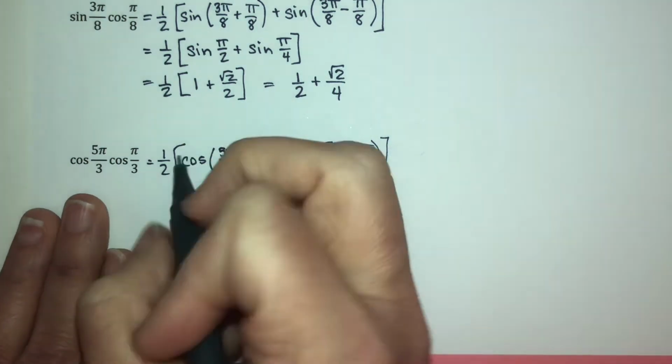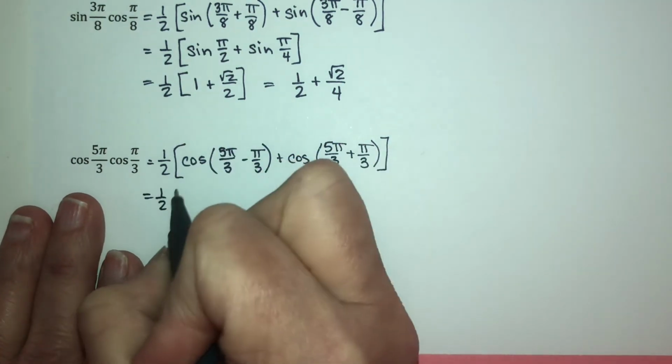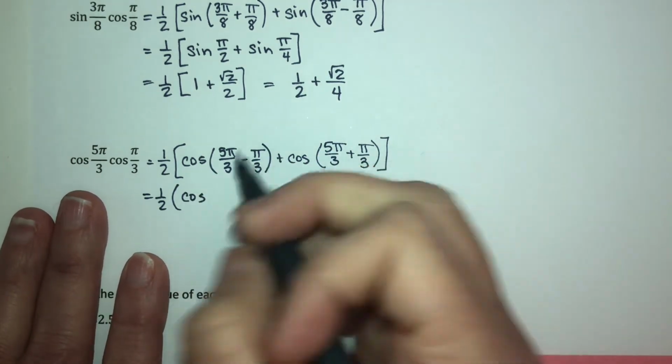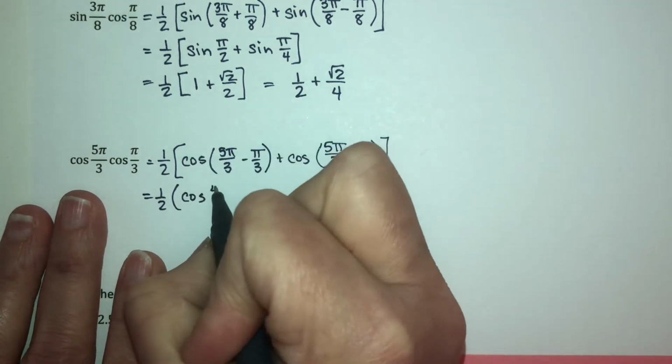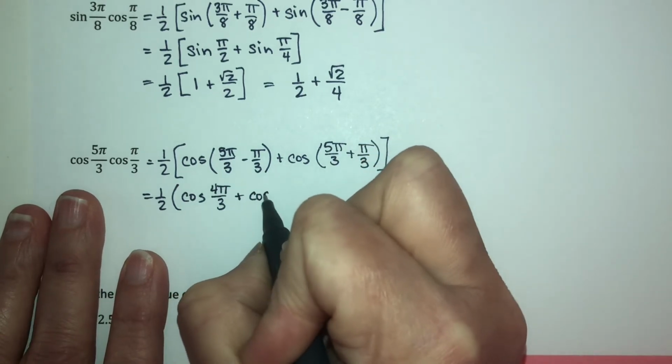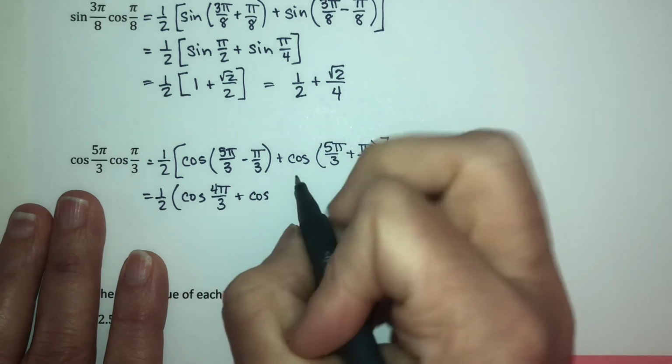So I have 1/2 times cosine of 4 pi over 3, plus cosine of 6 pi over 3, which is 2 pi.